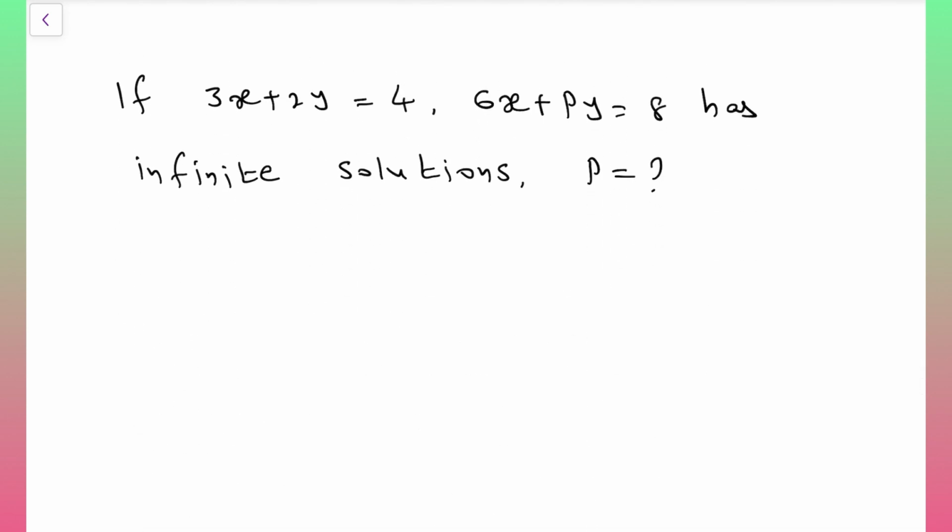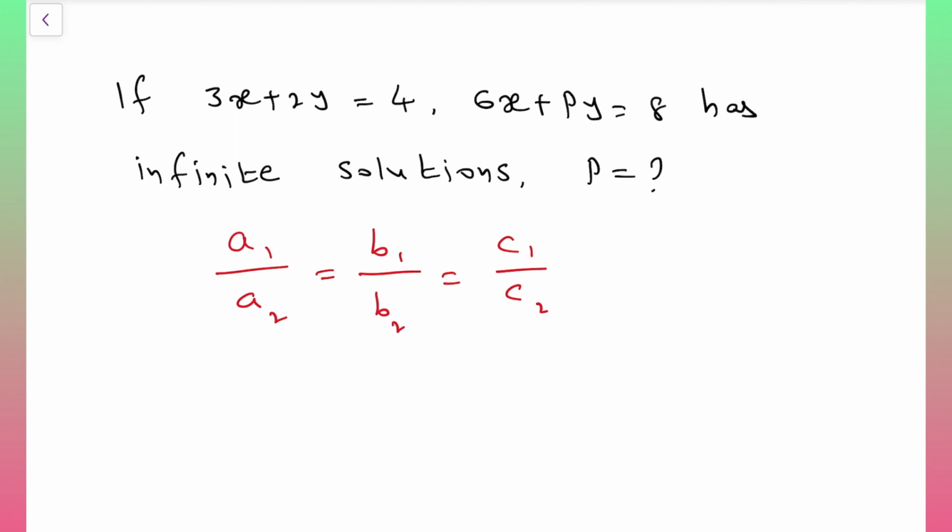Next, the same questions in reverse. If 3x plus 2y equals 4 and 6x plus py equals 8 has infinite solutions, then find the p value. So what is the condition for having infinite solutions? A1 by A2 is equal to B1 by B2 is equal to C1 by C2.